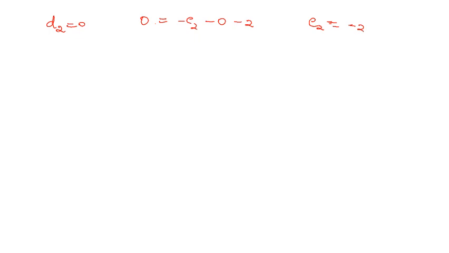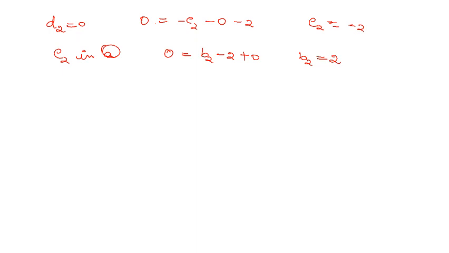Substituting c2 in equation a, I'll get 0 is equal to b2 minus 2 plus 0, so b2 is equal to 2.